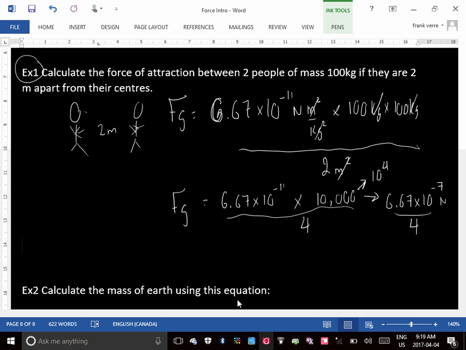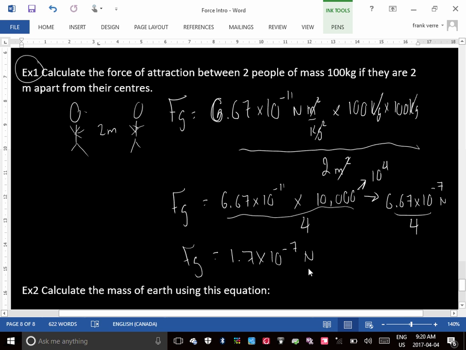And now we can just simply divide 6.67 by 4, and that should be pretty close to 1.7, is it? Times 10 to the negative 7 newtons.